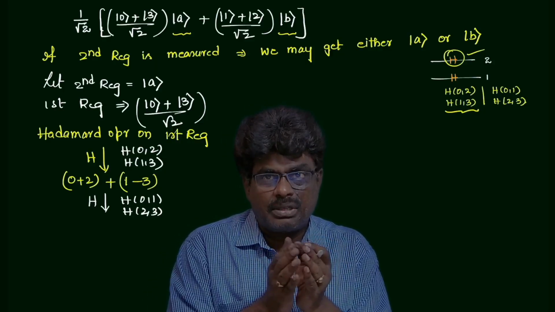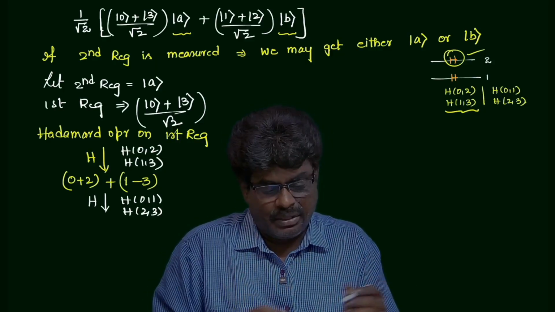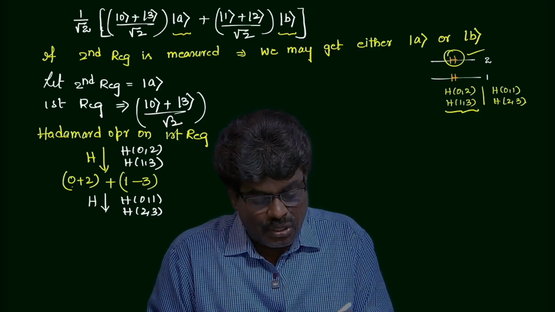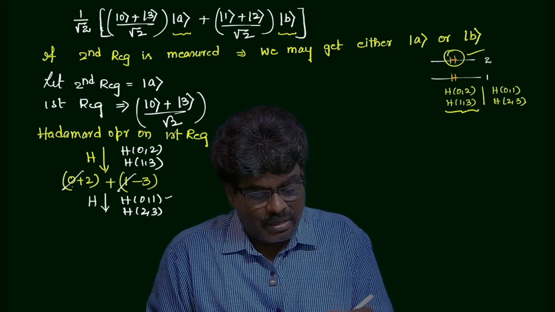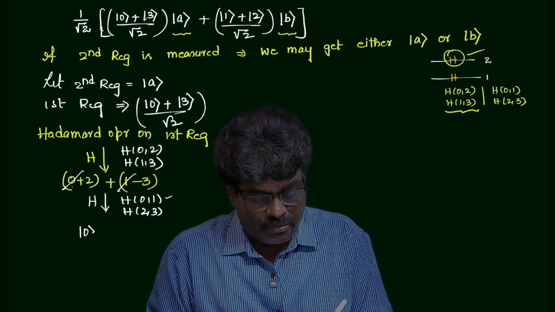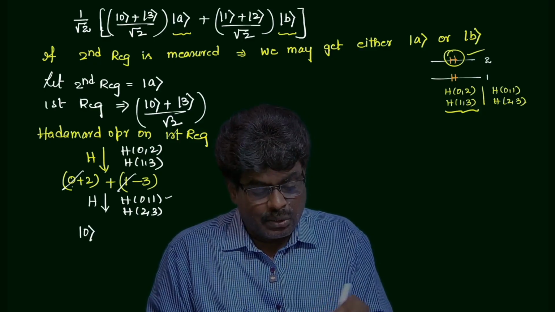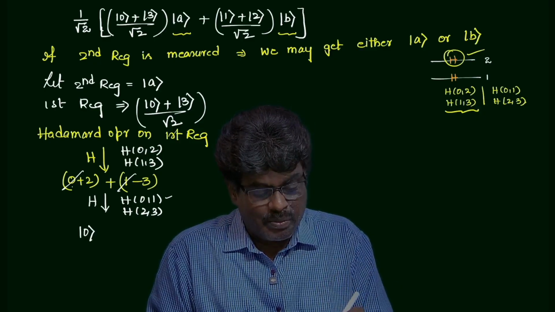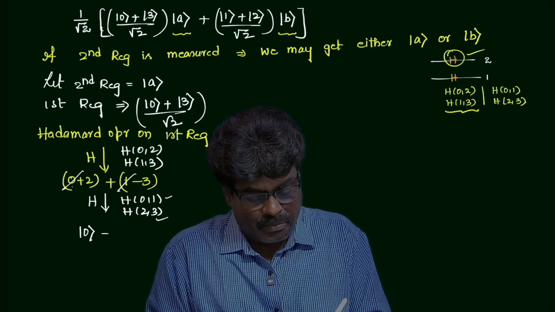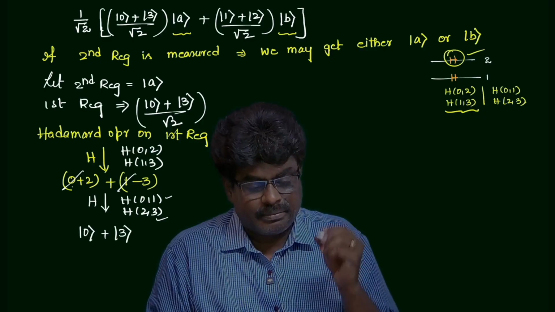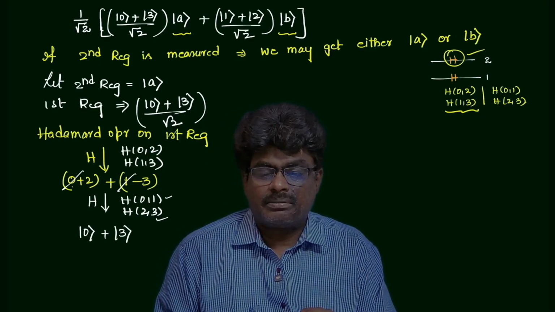You need not see only 0 plus 2; you can take any combination. So 0 and 1, 0 plus 1, from this Hadamard operation you will get 0. And the next is 2 minus 3. Minus means on, which is on here 3, so plus 3. So you got 0 plus 3.